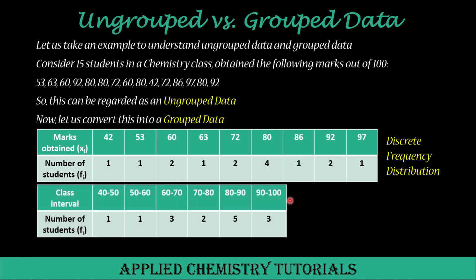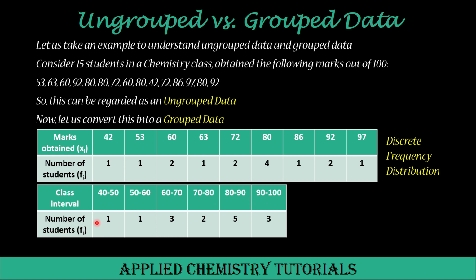There is another type of grouped data. In this case, instead of the marks obtained, we put class intervals in the first row. We see there is a range from around 40 to 100, and we subdivide that range into several intervals: 40 to 50, 50 to 60, 60 to 70, 70 to 80, 80 to 90 and 90 to 100. Now we check which marks fall in which category.